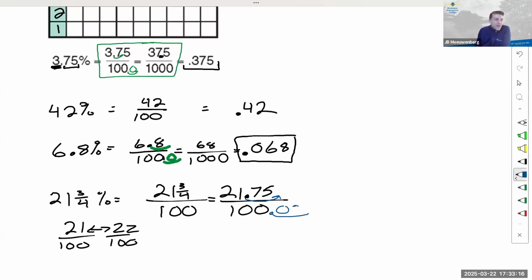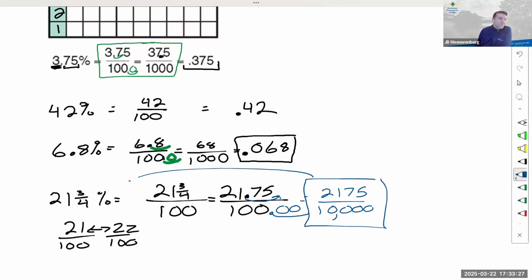Slide that decimal 2 spots over, giving us 2,175 10,000ths. So this is equivalent to this percentage, and even both of those fractions. If we wanted to write this in its decimal form, we would have our 2175, and we just need to make sure that's in the 10,000ths place.